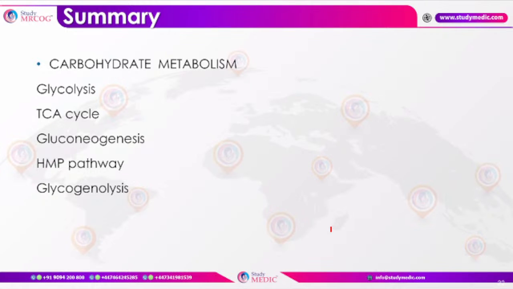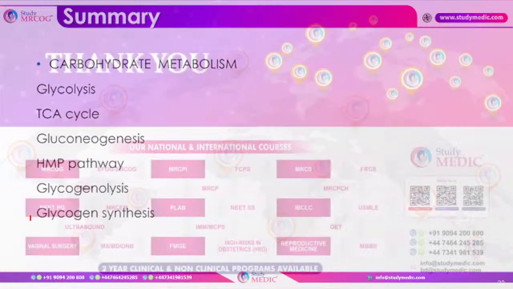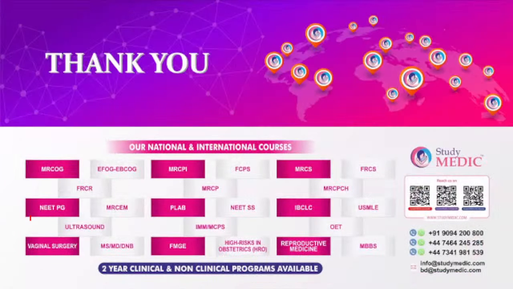Till what time is the glycogen able to take care of the glucose supply? It is around 48 hours. Finally, in the well-fed state, there is glycogen synthesis. So these are the major metabolic pathways: glycolysis, TCA, gluconeogenesis, HMP pathway, glycogenolysis, and glycogen synthesis. These are the various pathways of carbohydrate metabolism required for the exams.